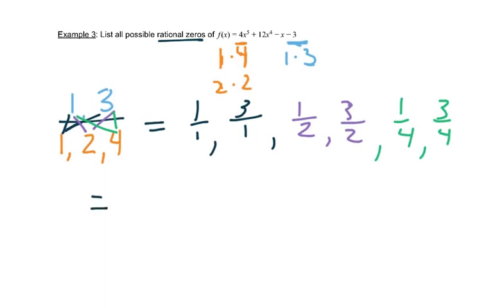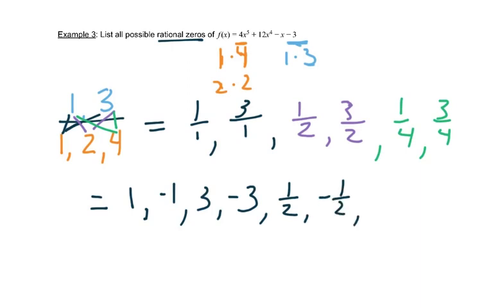1 over 1 is just 1. So we'll have 1 and negative 1. 3 over 1 is 3. So we'll have 3 and negative 3. 1 over 2 is just 1 over 2, but we have to have positive and negative. 3 over 2 is just 3 over 2, but positive and negative. 1 over 4 is just 1 over 4, but positive and negative.